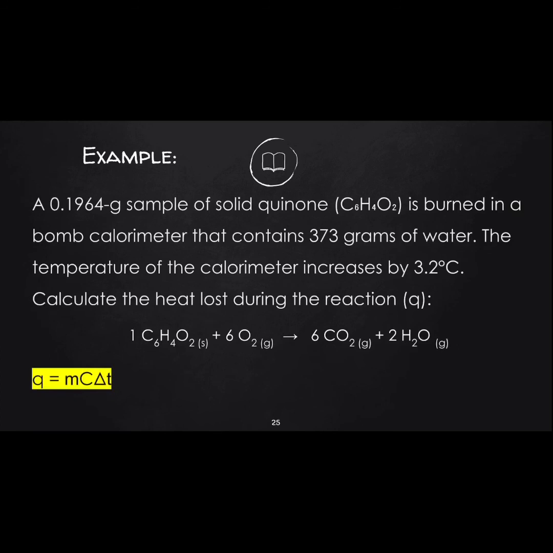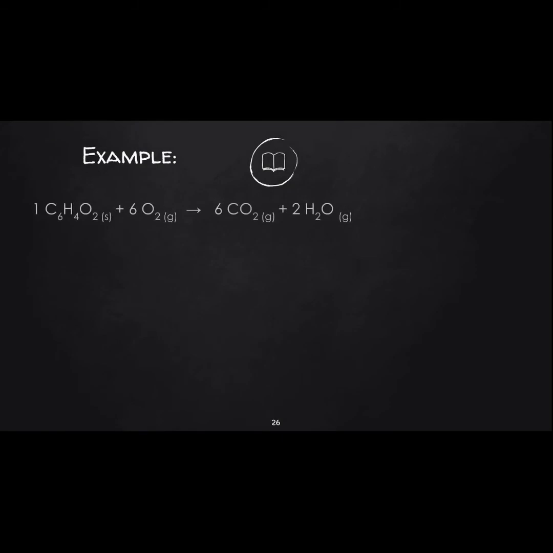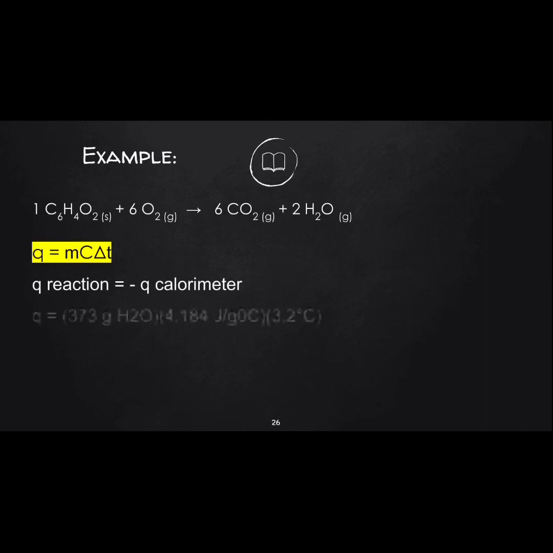Here's my thing that I'm going to use to solve for Q. So I just can fill in what I already know. In this case, I'm using a calorimeter, so my heat of the reaction is just the negative of whatever I'm about to calculate. I just need to add a negative sign on it.